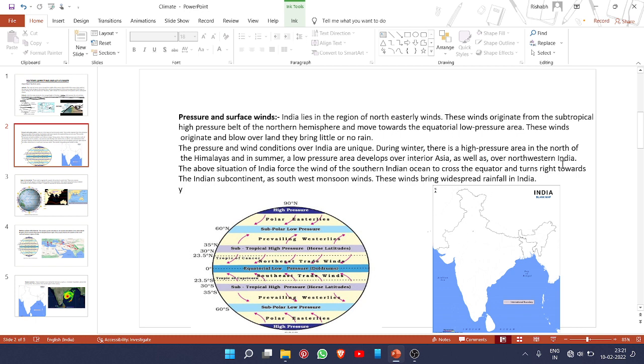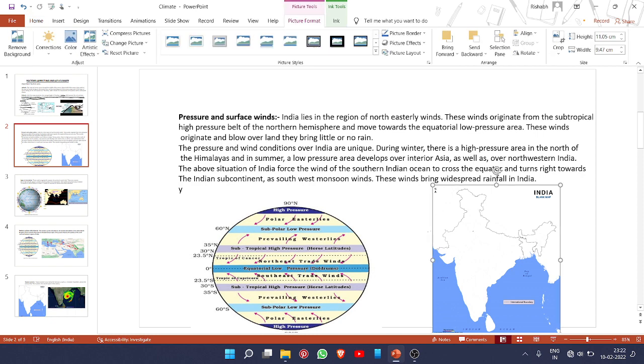Over northwestern India, the above situation of India forced the wind of the southern ocean, meaning the wind coming from the southern ocean, from the Tropic of Capricorn to the equator. These winds are forced by the low pressure created in the northern part of India.